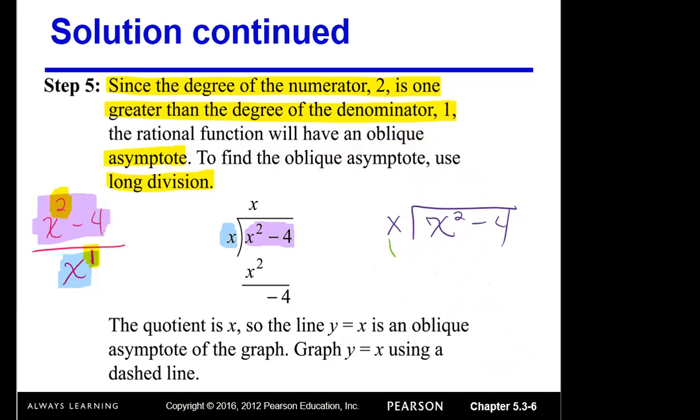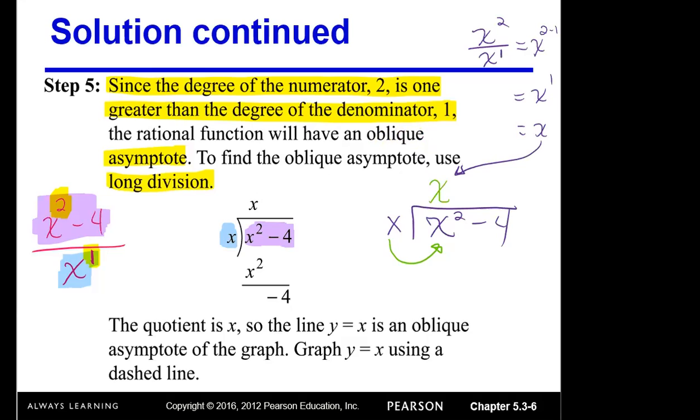So you're like, hey, x divides into an x squared, x times. I actually think of it like this in my head: I have to take x squared and divide it by x. That's x to the second divided by x to the first, and the rule says subtract the exponents, so 2 minus 1 is 1, but x to the 1 is just an x. And that's what I put right there.